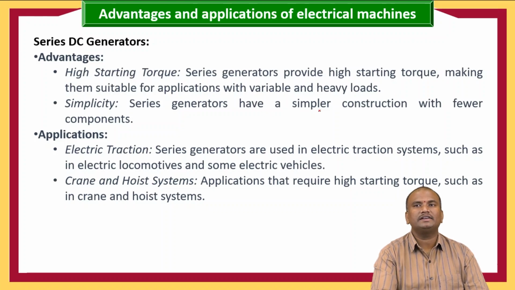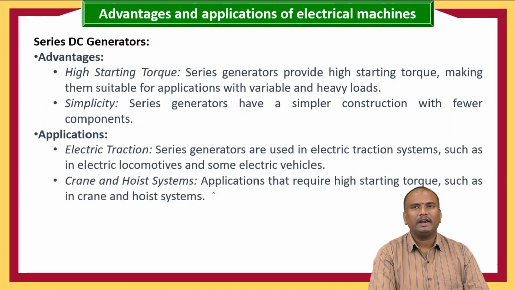And series generators have simpler construction with fewer components. And applications, electric traction. The series generators are used in electric traction systems such as electric locomotives and electric vehicles, and cranes and hoist systems.